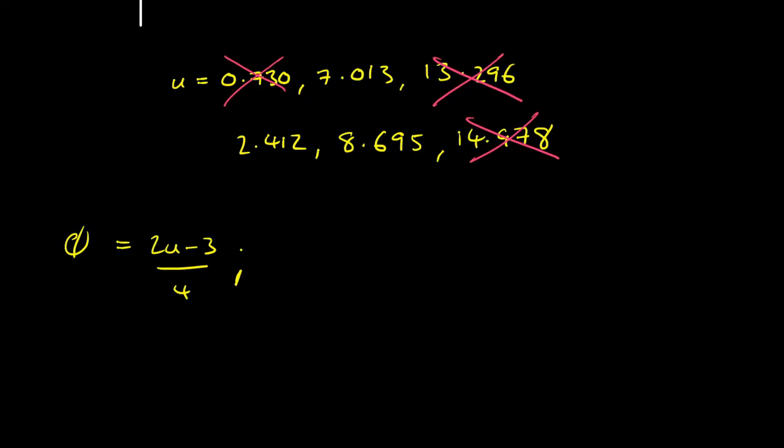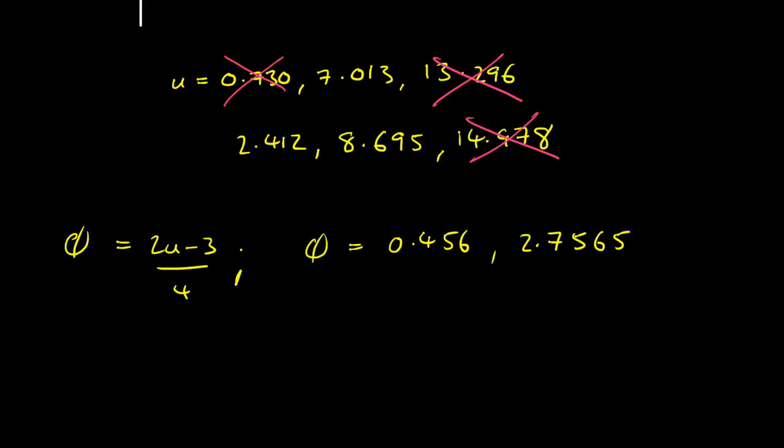Okay, so let me do that. 7.013 times by 2 minus 3 divided by 4 gives me phi is equal to 2.7565. Then 2.412, if I times by 2, I subtract 3, and I divide by 4, I get 0.456.